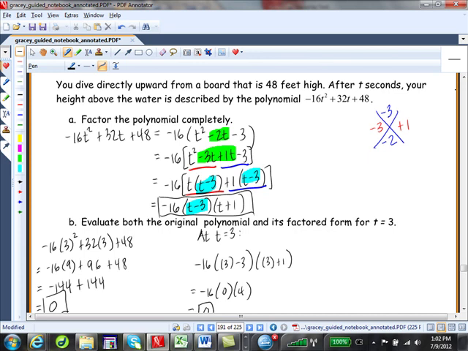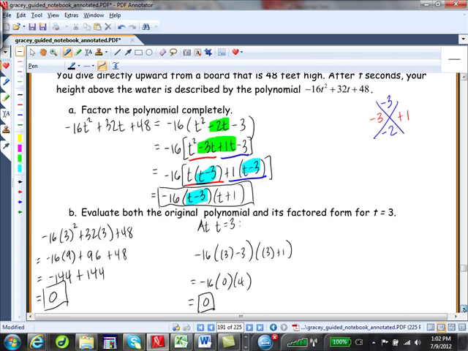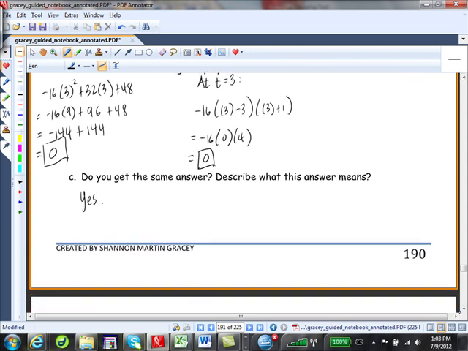So what this means is after 3 seconds, you make contact with the water.